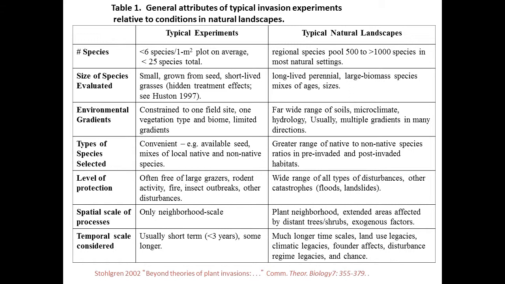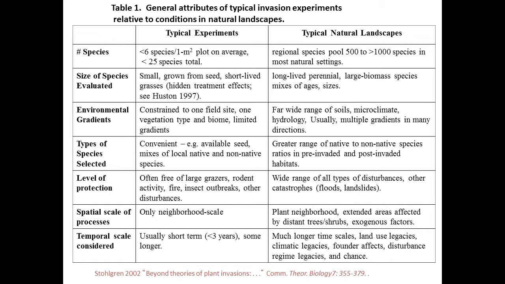So the scale of most typical plant experiments is the neighborhood scale, something really small, close to 1 meter squared or smaller. Whereas in nature, there's a variety of scales, from the neighborhood scale to the extended neighborhood scale, and then to trees and shrubs and other vegetation types nearby.